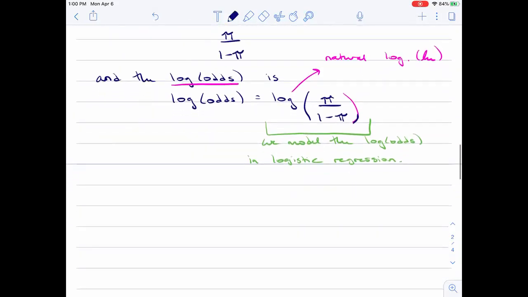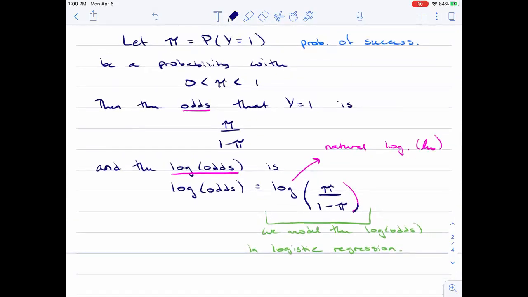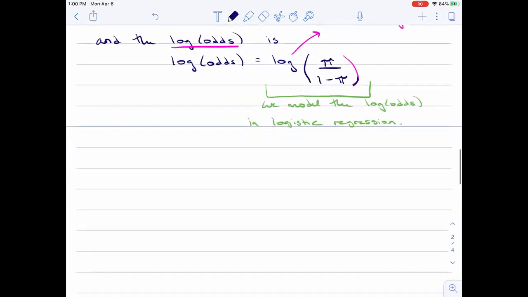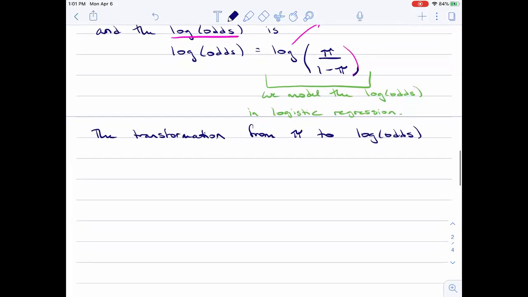The transformation from pi to the log odds is called the logistic or logit transformation. There are two words, they mean the same thing.